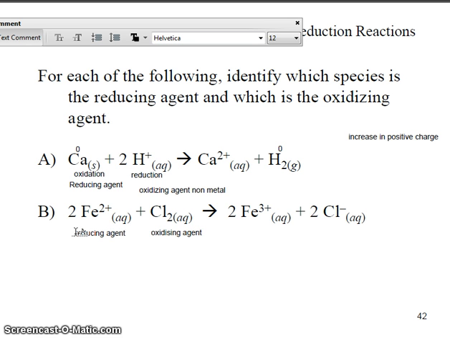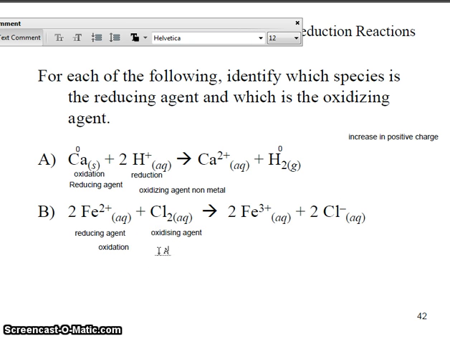Another way you can view it is which is going through reduction and which is going through oxidation. So hopefully you can see Fe2+ to Fe3+, that's an increase in oxidation number. So that automatically means that Fe2+ is going through oxidation, and hence it's a reducing agent, so that makes sense. On the other hand, Cl is going from 0 to -1.